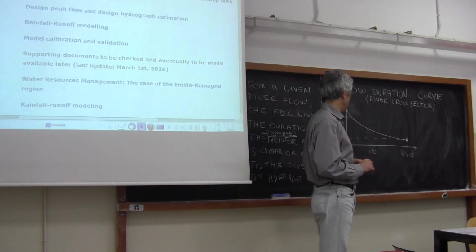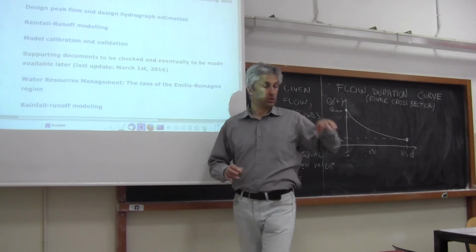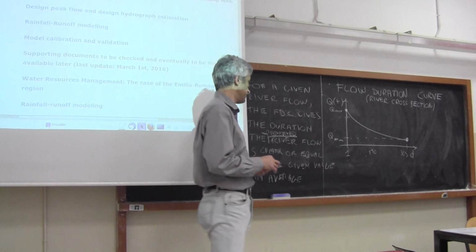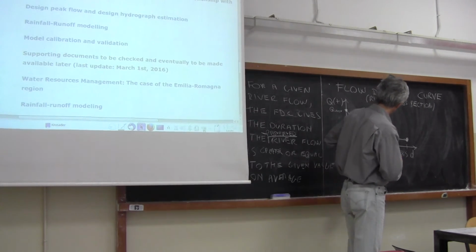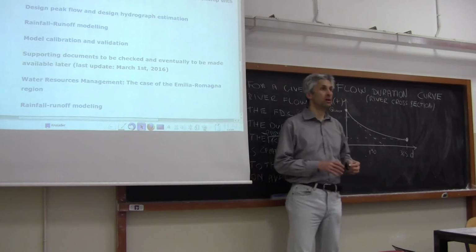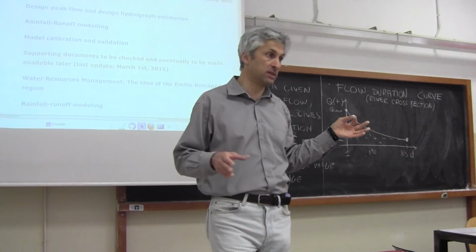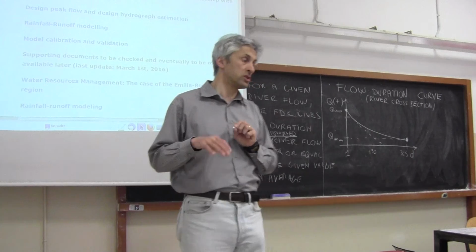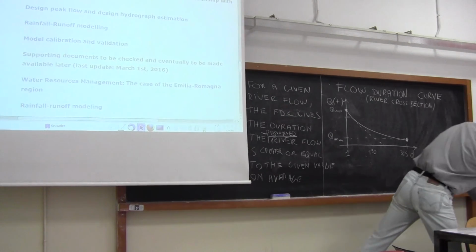And of course, it is depicted by the observations. Keep in mind that the curve could go to 0. If you have the minimum value of flow that is 0, which means an intermittent regime, the curve could go to 0.